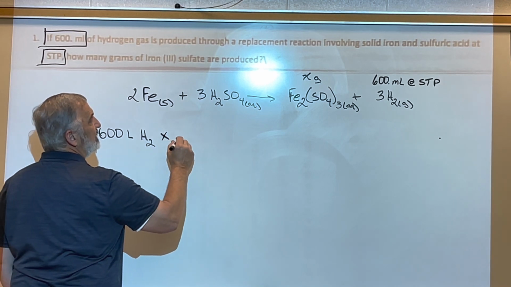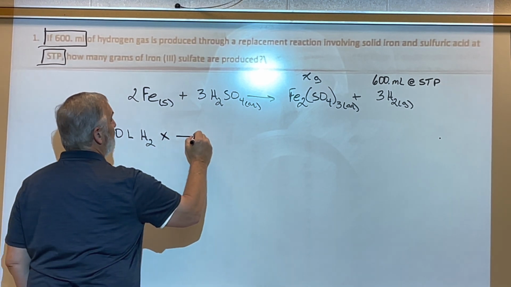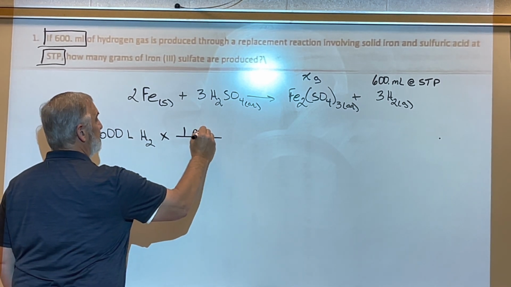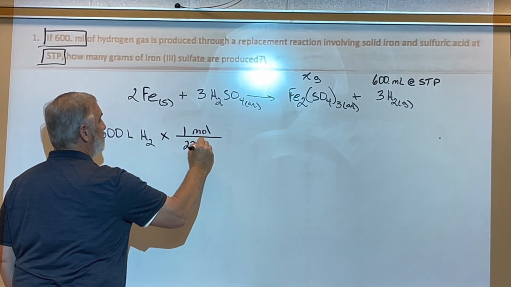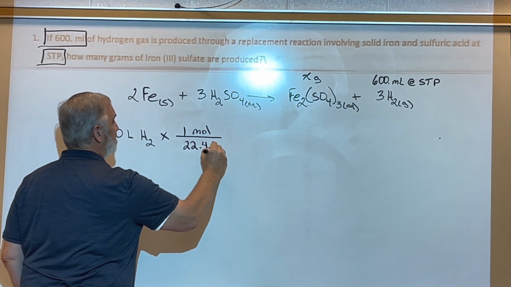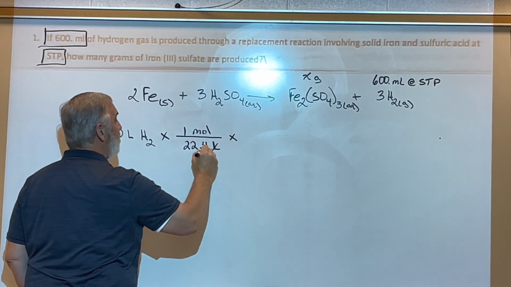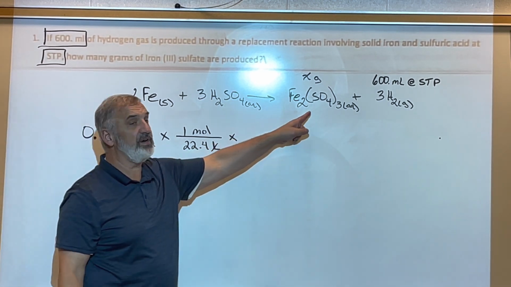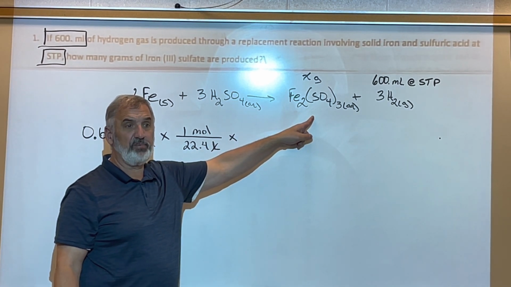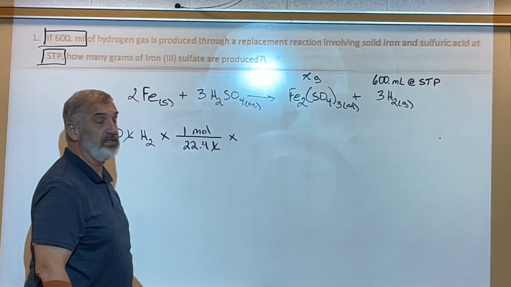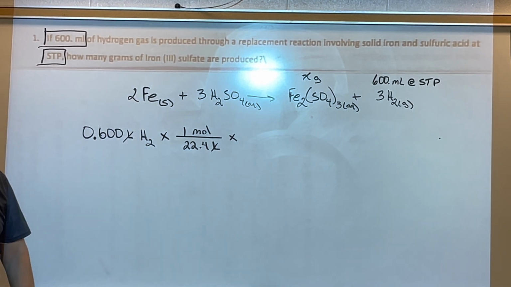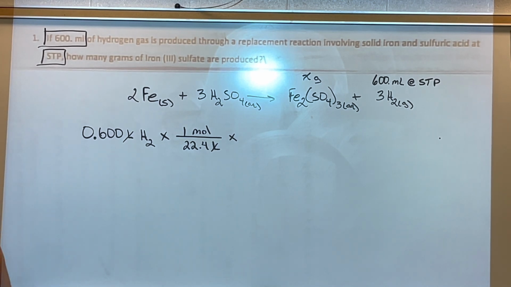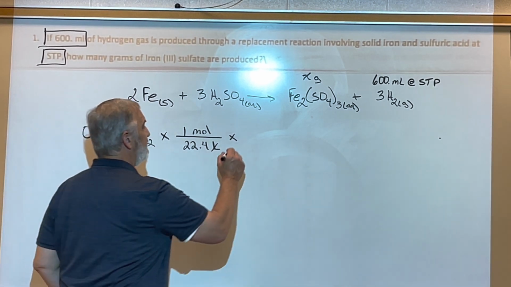Times, what goes here? 1 mole over 22.4 liters. That's an L. So now I have moles of hydrogen, but I need moles of Fe2(SO4)3. Not the molar mass yet. Mole ratio, then the molar mass. What's the mole ratio going to be? 1 to 3.